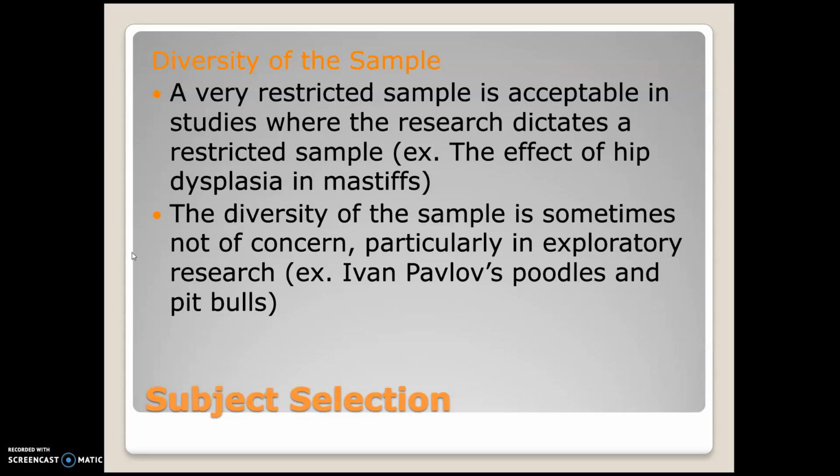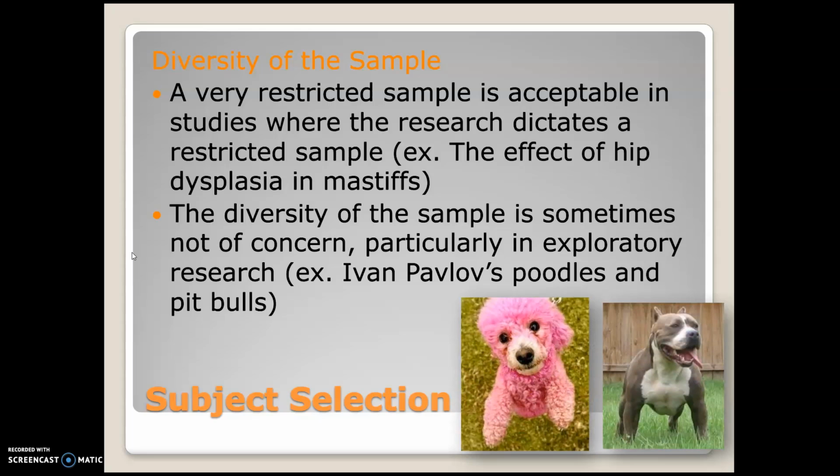When it comes to something like Pavlov's dogs, in that study, it's a study that almost everybody is familiar with. Hopefully all of you are familiar with at this point in your psychology career. Did it matter what kind of dogs Pavlov used? I know it sounds like I'm waiting for an answer from you, but I won't because we're talking over the internet. But no, it did not matter at all. It could have been poodles or it could have been pit bulls because fundamentally they would both do the same thing.